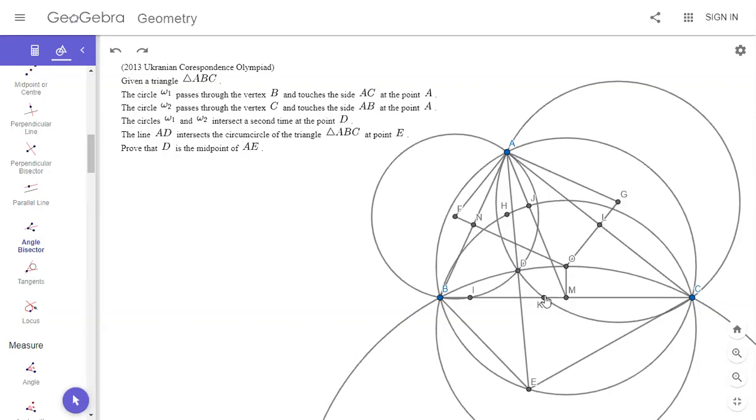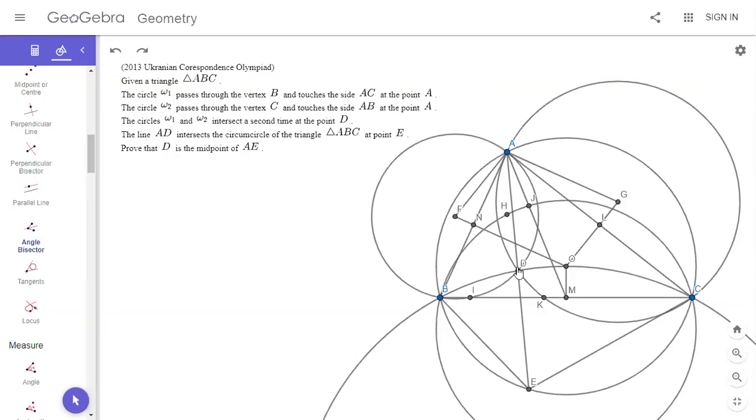We angle chase NAD in terms of, we write it as FAD minus FAB, and FAB can be written in terms of AFB. Okay. So NAD is equal to FAD minus FAN.